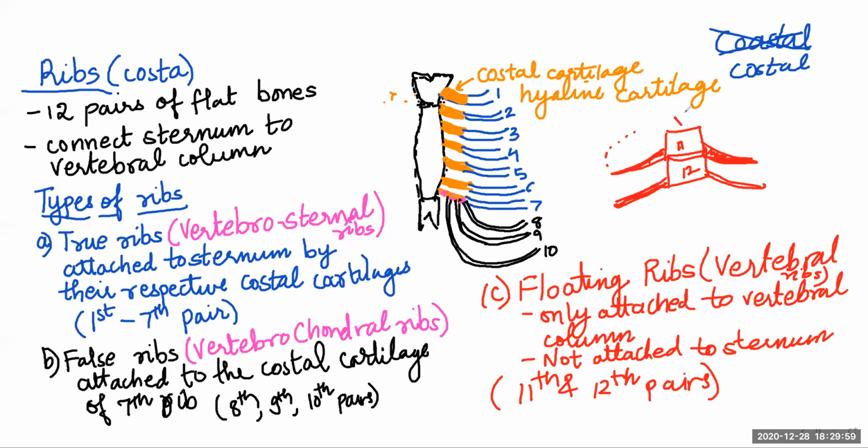This is the posterior view, this is the vertebrae. एंटीरियर व्यू में वो रिब्स नहीं दिखेंगे.